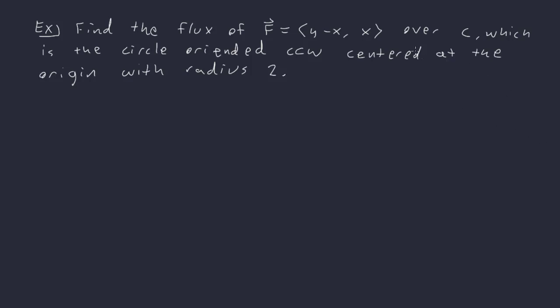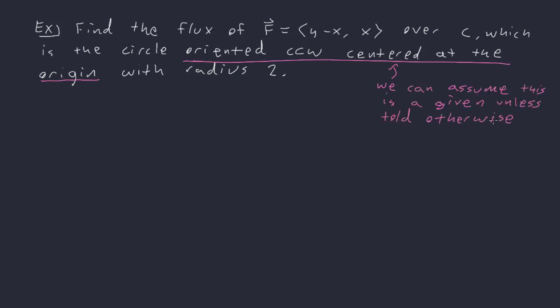For the remainder of this class, one, I should probably learn how to spell "oriented", but two, this part about the circle, I want that to be a given, okay? That it's oriented counterclockwise and centered at the origin, we can assume this is a given unless told otherwise.